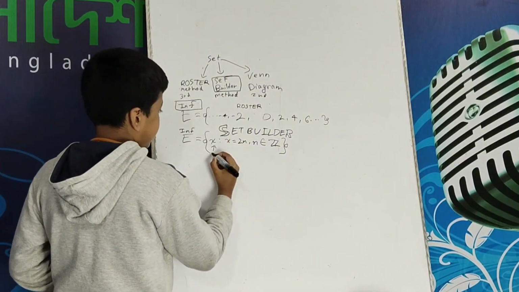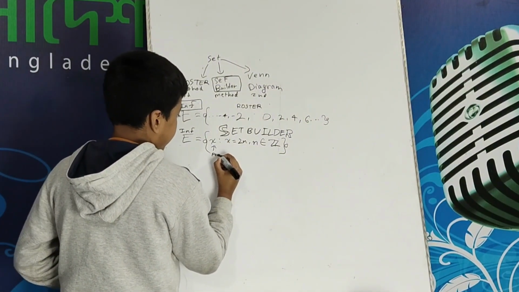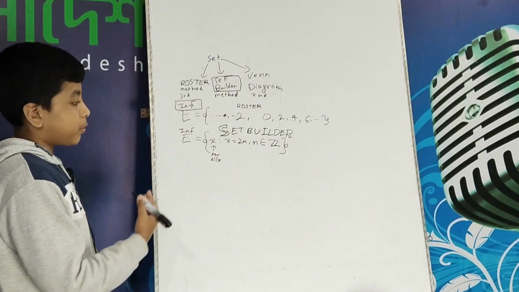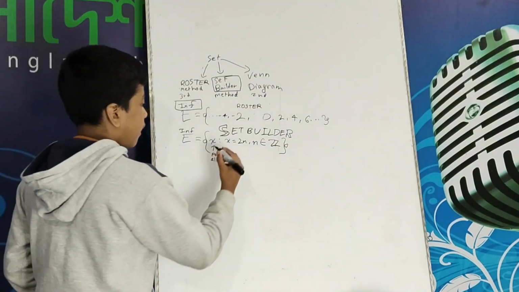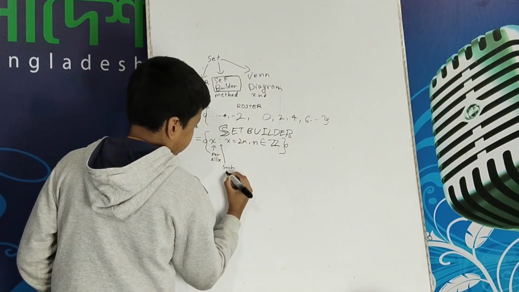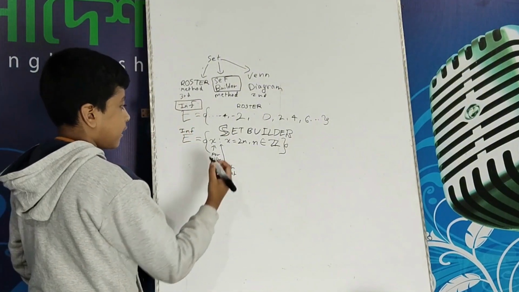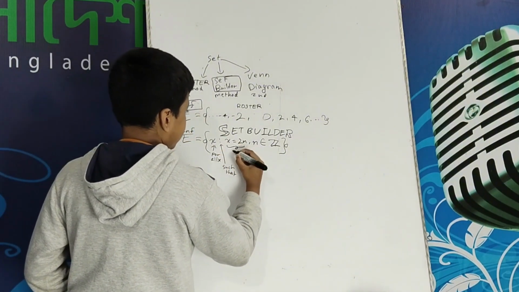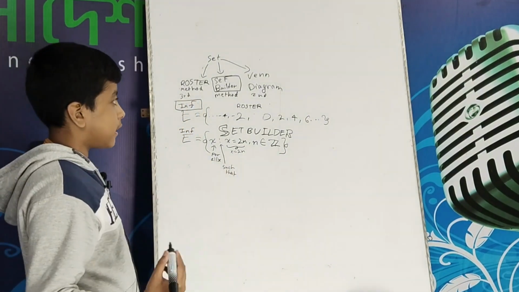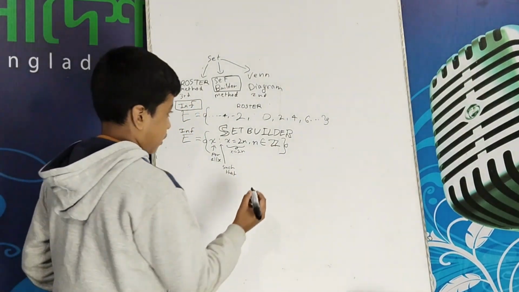This will be read as for all x. This should be read as for all x. This colon always means such that x equals 2n. Obviously, that's what we said earlier. That is the definition of an even number.